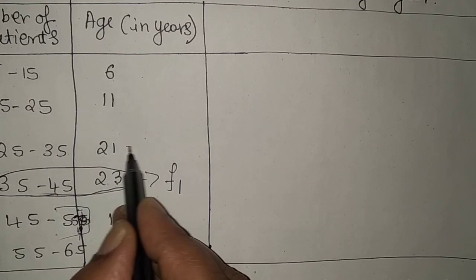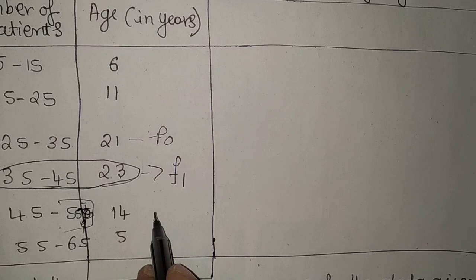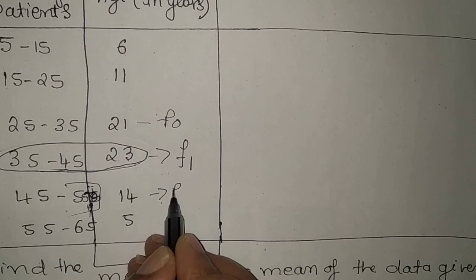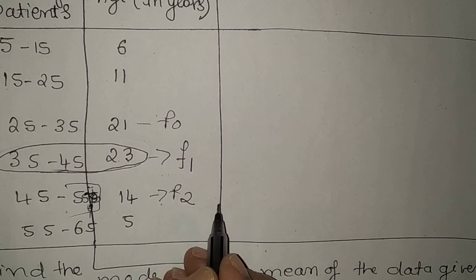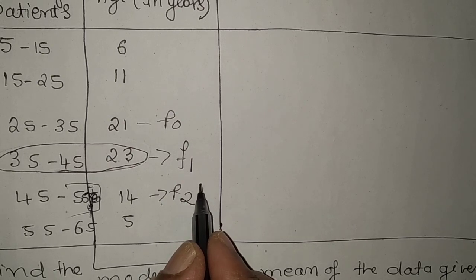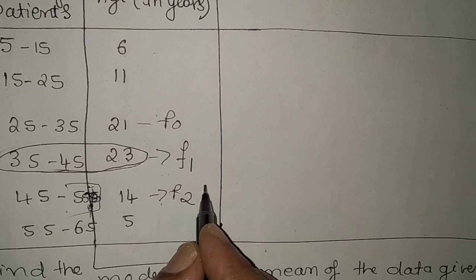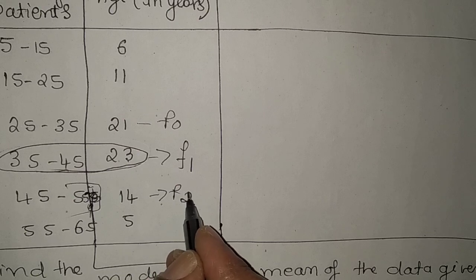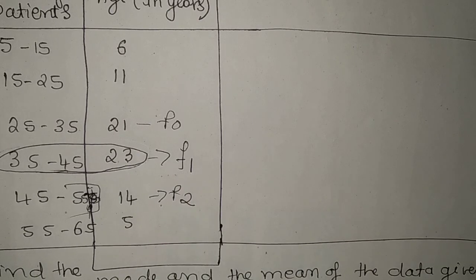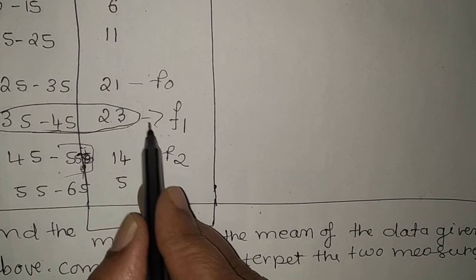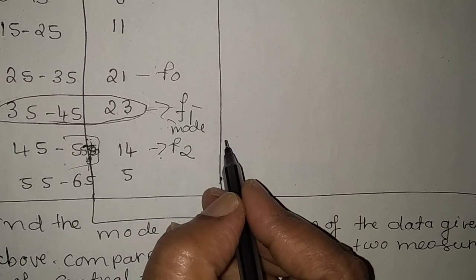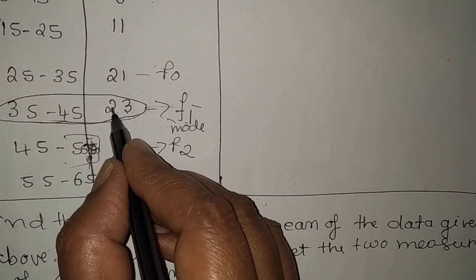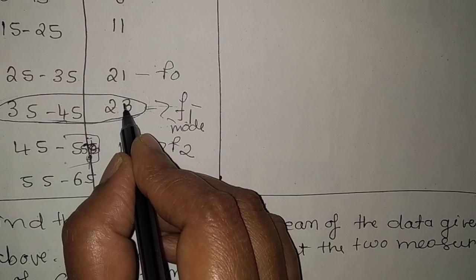Then above will be, this one is F0 and this will be F2. So this is how to take the value. So this is called mode. This class interval has mode, that is 23.